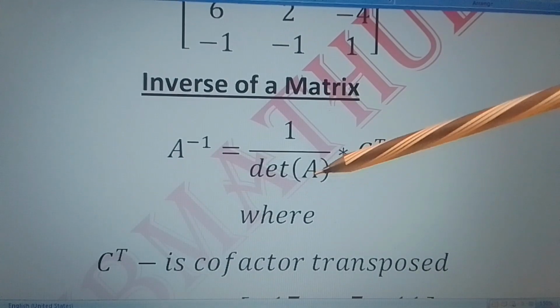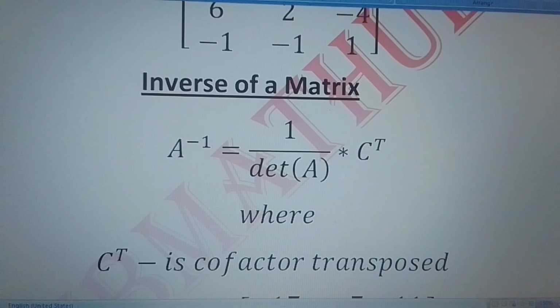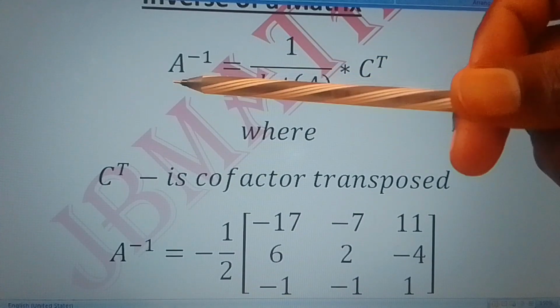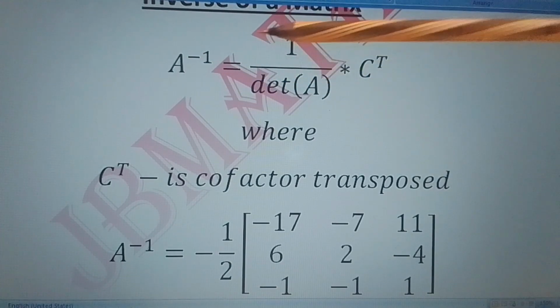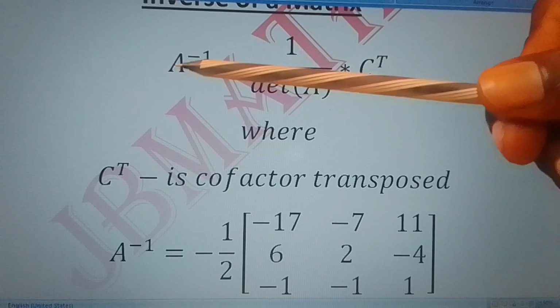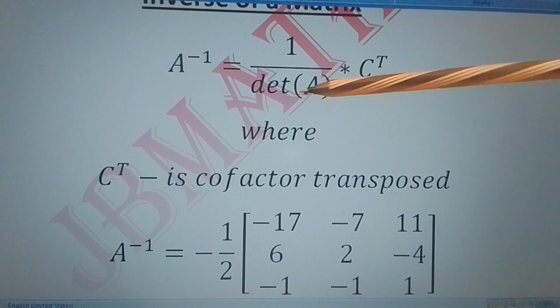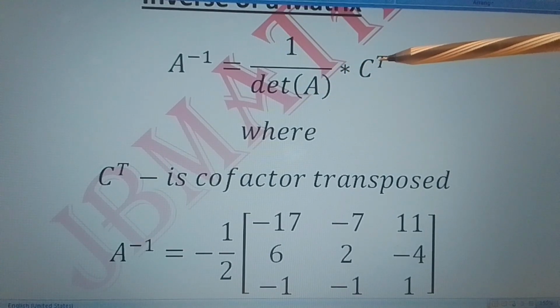Then from there, we need to get the inverse of the matrix. Remember, the inverse of a matrix is denoted as A raised to negative 1. So the inverse of matrix A will be given as 1 over the determinant of the matrix times its cofactor transpose.